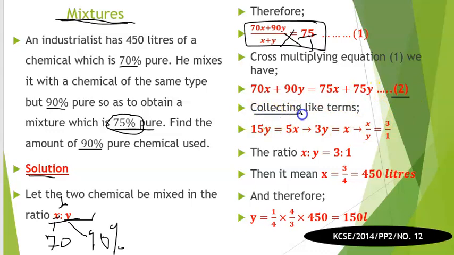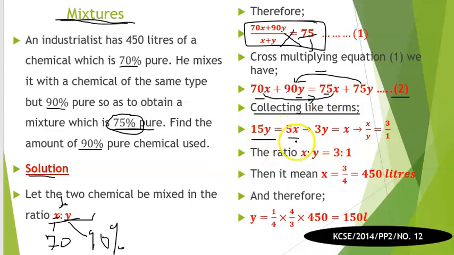Now, collecting like terms in equation 2, we can take 75y to this side, and it becomes minus because it is carrying a positive sign, and 70x we can take to the other side, and again it becomes negative. So we'll have 90 minus 75, which is 15y, and 75 minus 70, which is 5x.